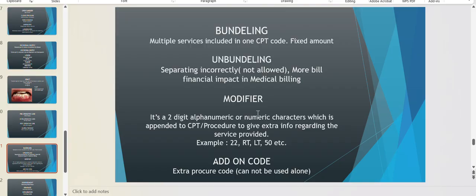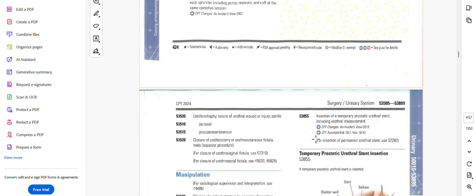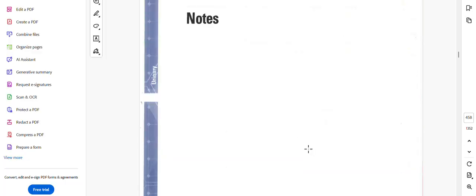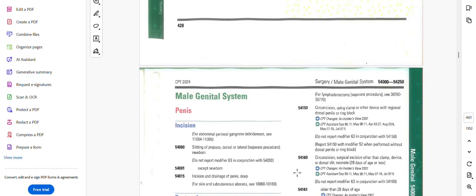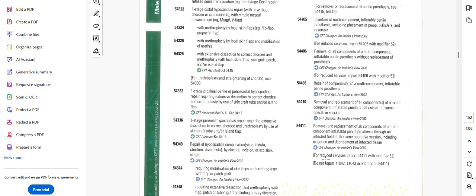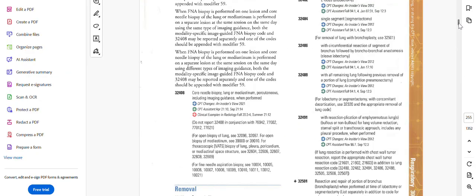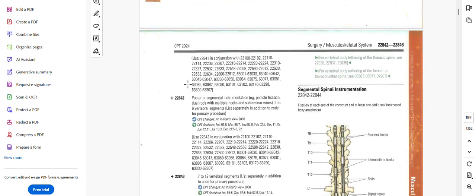Okay. Now coming to add-on code. What is an add-on code? It is an extra procedure code. I'll show you. There is a plus sign before some codes. You can see here, for example, this one is an add-on code.